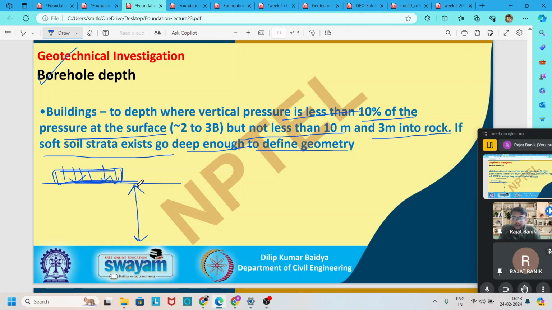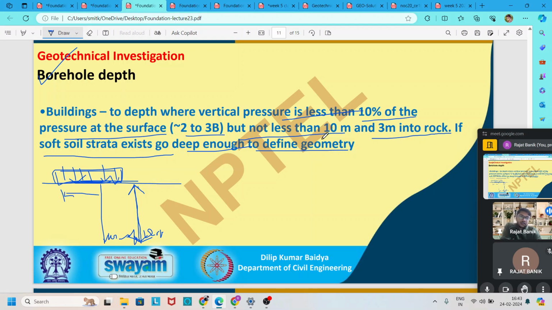So our depth of borehole should be at a depth where the stress becomes 10% of the stress at the ground surface, or 2 to 3B from the ground surface. That means 2 to 3 times the width of the foundation from the ground surface.